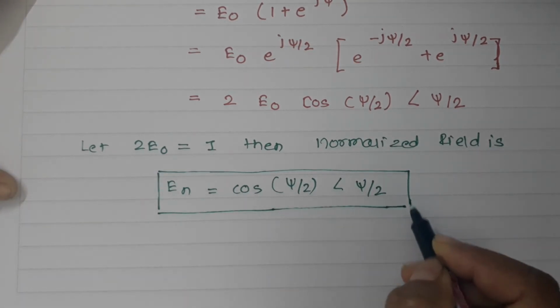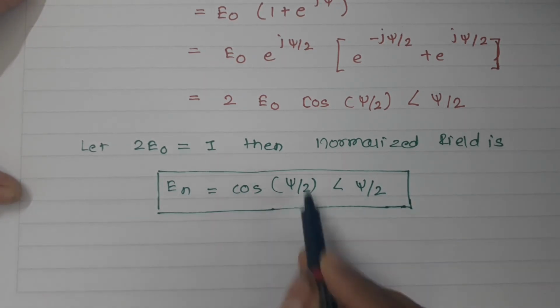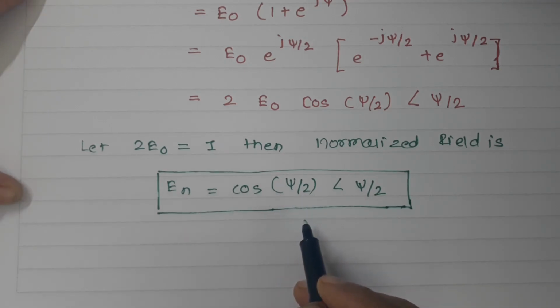Comparing this equation with the previous equation, we find that the only difference is in the phase angle. The magnitude plot will be decided by the cosine term, which is the same as in the previous equation. Thus the magnitude plot with this equation will be the same as with the previous equation.